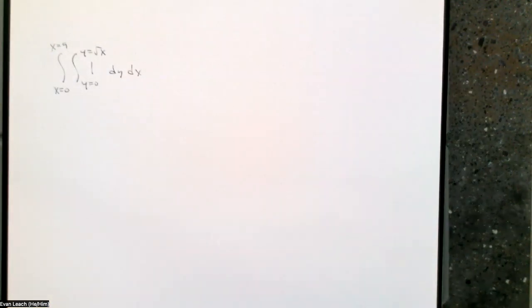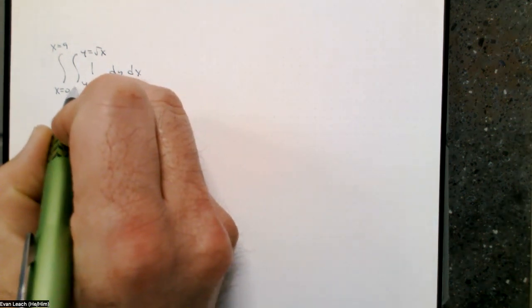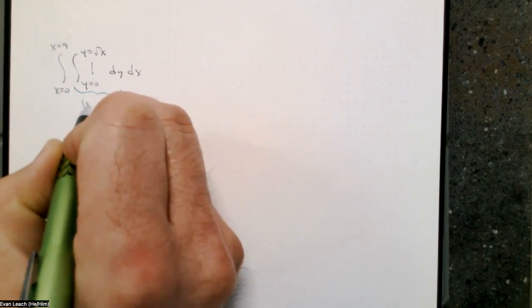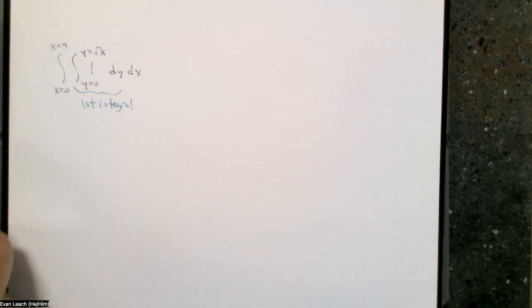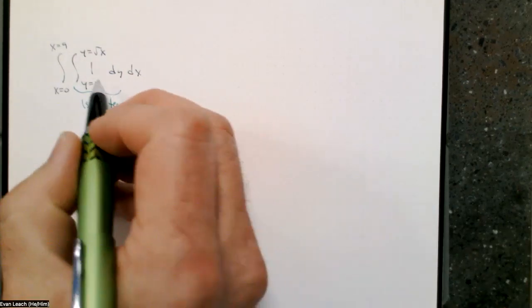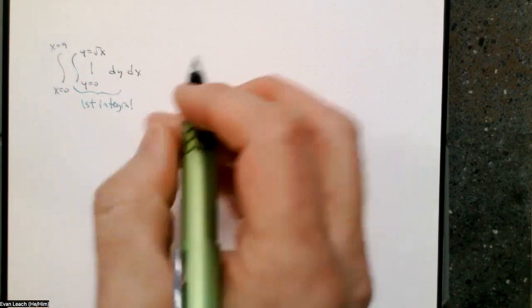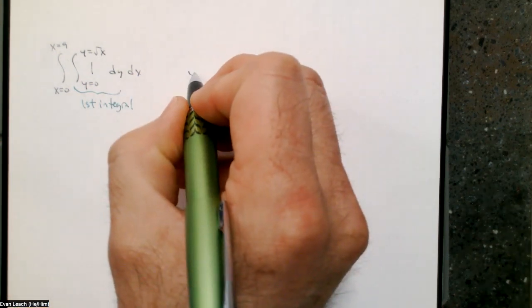So notice that in this integral, the first integral is going to be the dy integral. Once again, treating these like grouping symbols, first we integrate dy, then integrate dx. So here we're just going to be integrating dy first. Here is our first integral. So the integral of 1 dy this time is going to be y again.